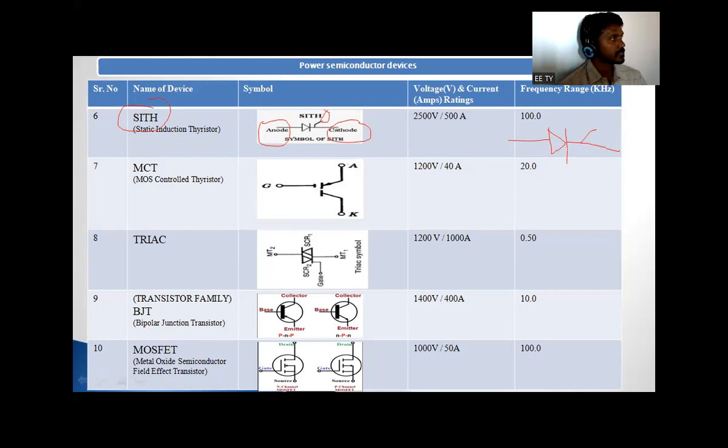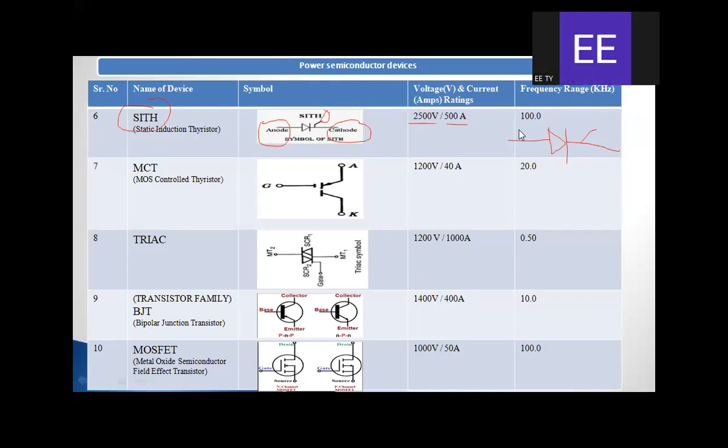That is a small difference. Clear? The construction is somewhat different. If the gate terminal is connected like this at this place, it is called a static induction thyristor. The voltage rating is 2500 volts, the current rating is 500 amperes, and the frequency range is 100 kilohertz. Clear?